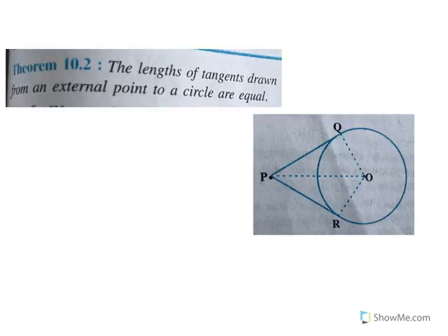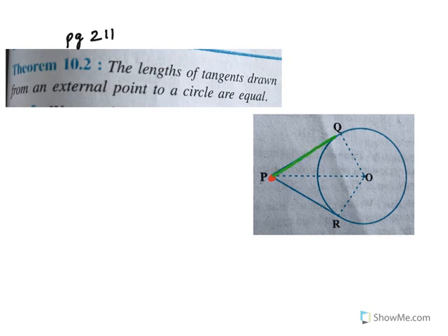We go to the next theorem, that's 10.2. It's on page 211. The lengths of a tangent drawn from an external point to the circle are equal. So here is my external point P, and from P I am drawing two tangents.